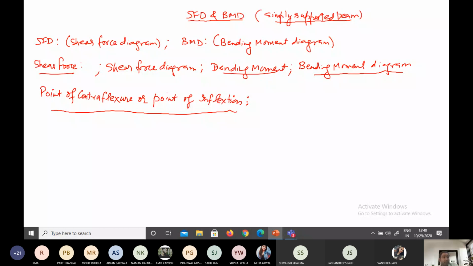The points other than the ends in a beam at which the bending moment is zero are called points of contraflexure or points of inflection.